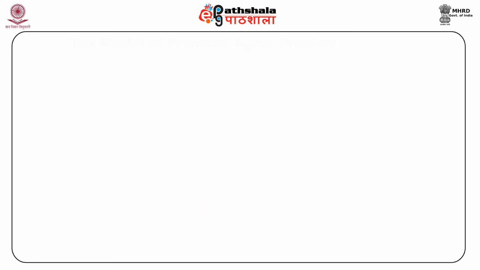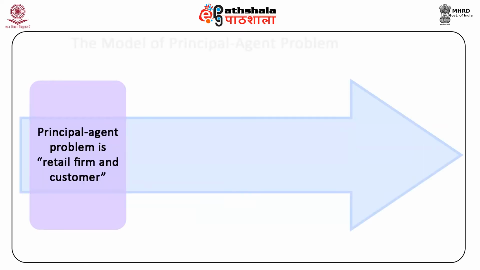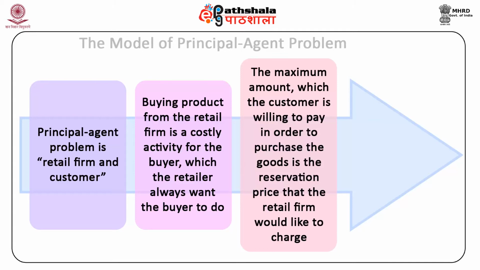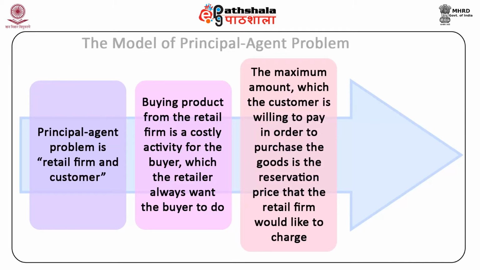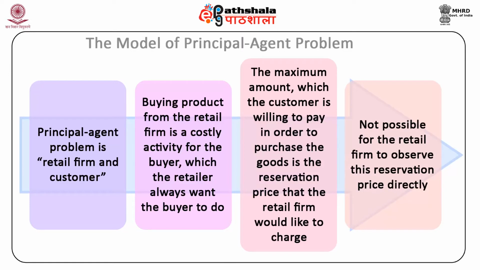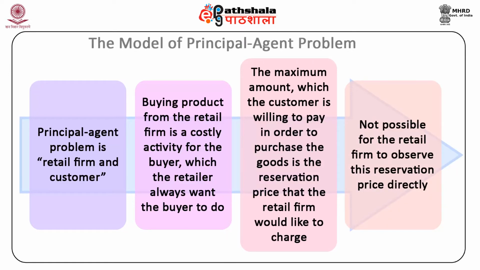Another example of the principal agent problem is a retail firm and customer. Buying a product from the retail firm is a costly activity for the buyer, which the retailer always wants the buyer to do. The maximum amount which the customer is willing to pay in order to purchase the goods is the reservation price that the retail firm would like to charge. It is not possible for the retail firm to observe this reservation price directly.